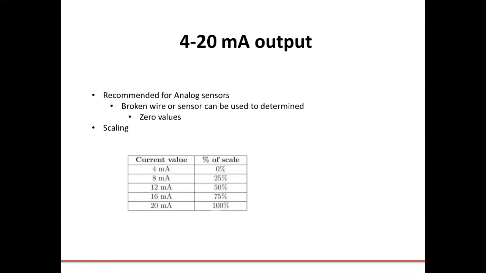The reason for it is because it can be used to detect broken wires or faulty sensors. If you had a sensor output, for instance, of 0 to 20 milliamps, and a sensor broke or became disconnected, it would show a 0 value, which can sometimes be considered a true value because it may just be detecting no liquid or no volume or no flow.